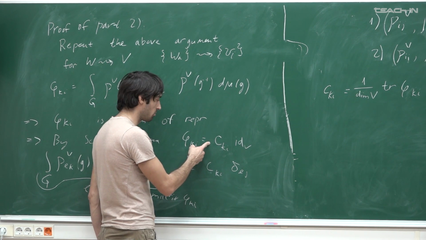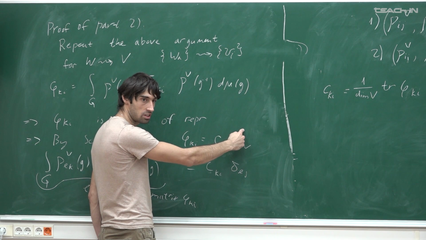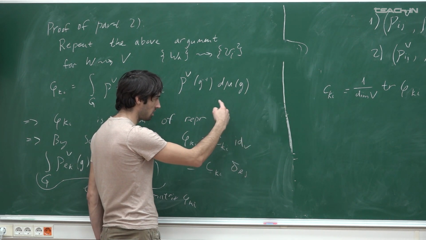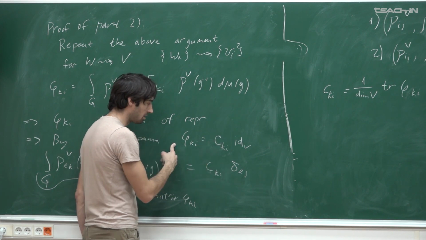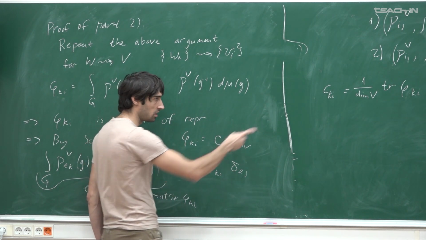On the right side, this is just C_ki, C_ki, C_ki, like this diagonal matrix. So I sum this up, I will get dimension V times C_ki. On the left, I will have trace. So I divide by dimension of V, I get this.